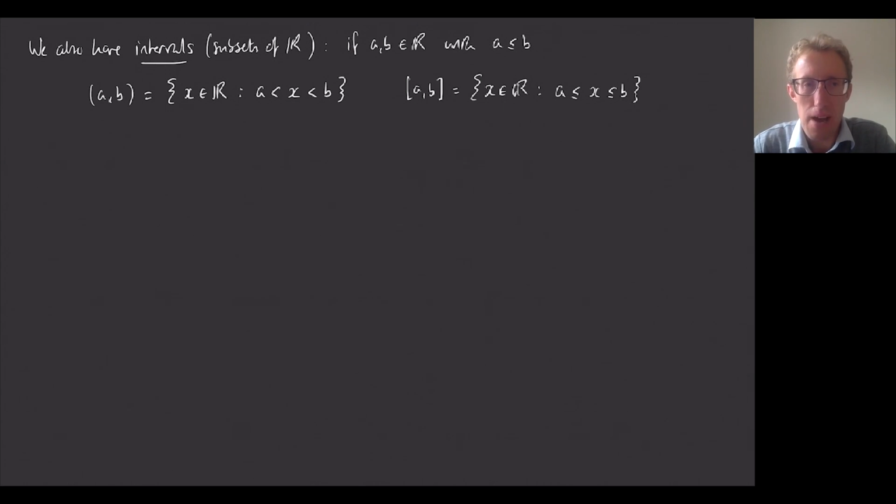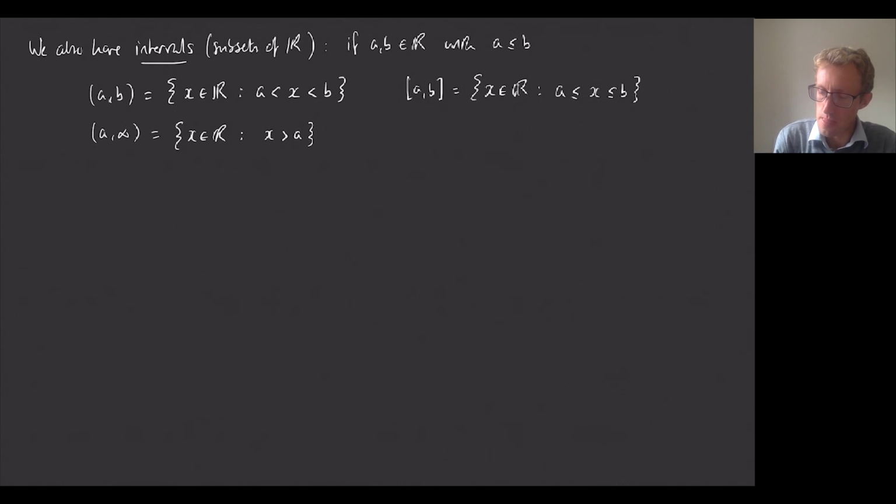Both of those are bounded intervals. We can also have unbounded intervals. So we write (a, ∞), even though infinity is not a real number, this is the notation that we use. That means the set of x in the real numbers such that x is larger than a, but with no upper bound.